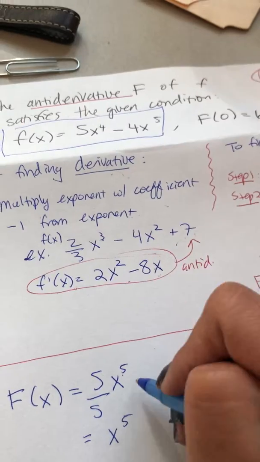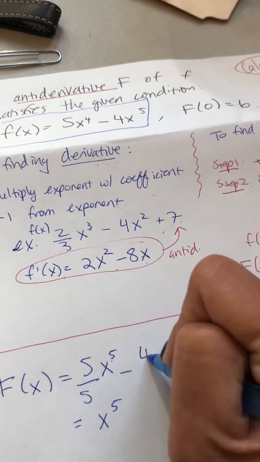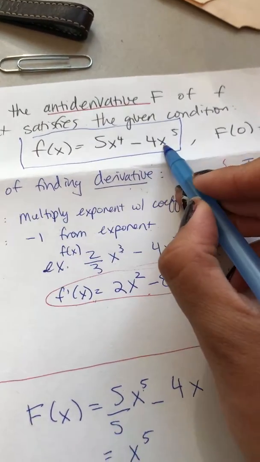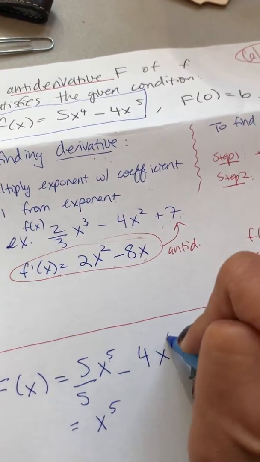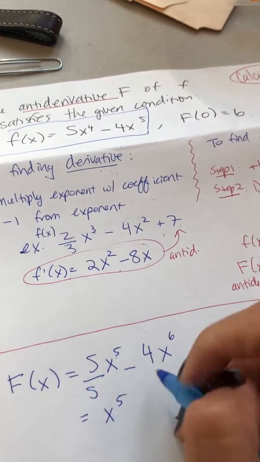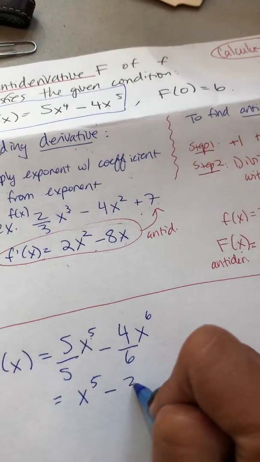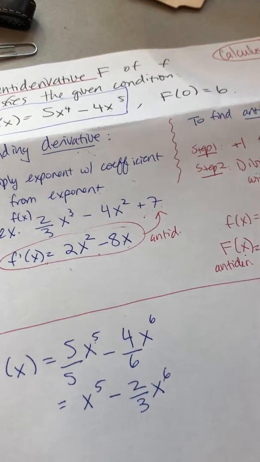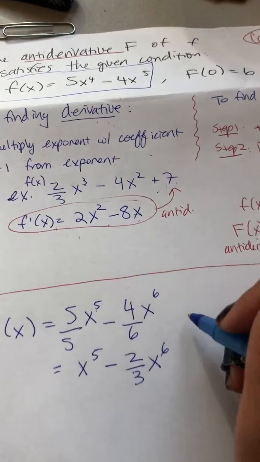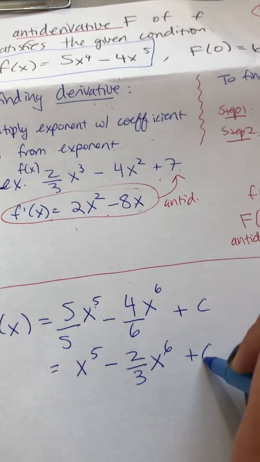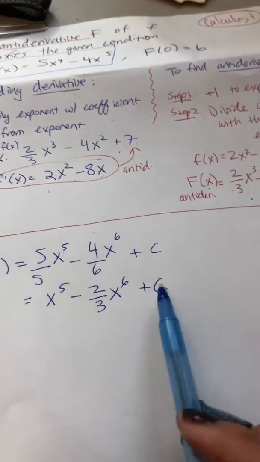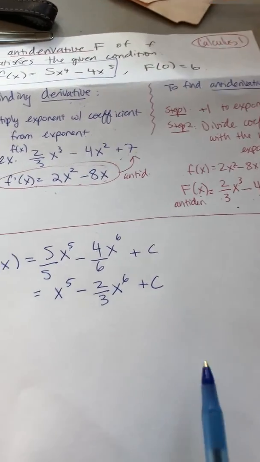And then I have minus 4x. I'm going to add 1 to the exponent, so I get a 6, and divide by the new exponent, so I have 4 over 6. That becomes minus 2/3 x to the 6th when you simplify it. And then we always want to put a plus c to take into account any constant that disappeared when you took the derivative.